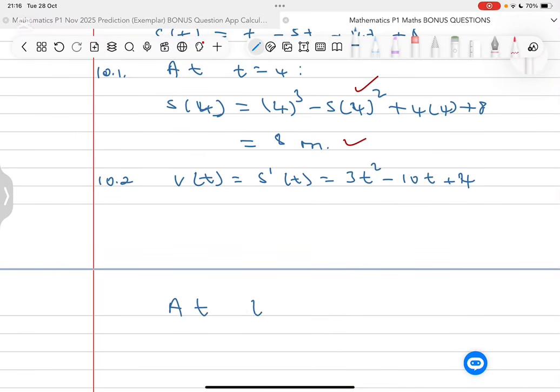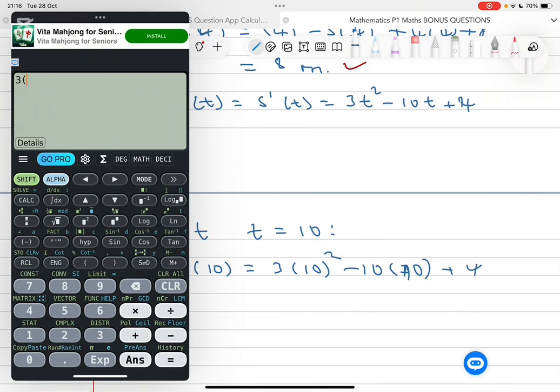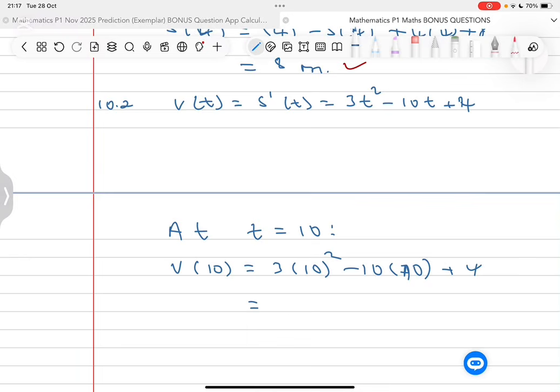So we're going to say at t equals 10, the function value of v at 10 is going to be 3 times 10 squared minus 10 times 10 plus a 4, and I can just use my calculator again. That gives me the velocity of 204 meters per second. Remember, velocity is measured in meters per second.